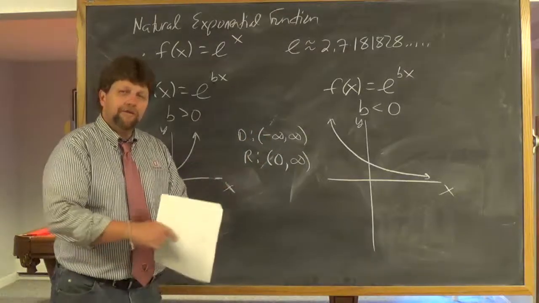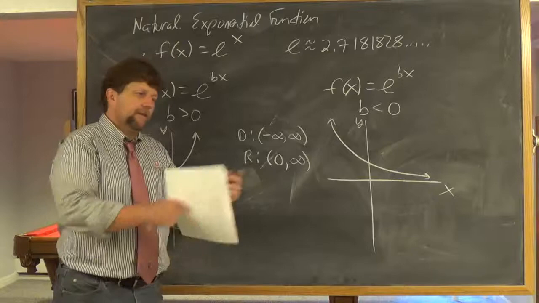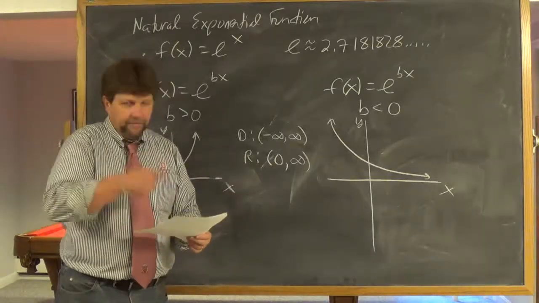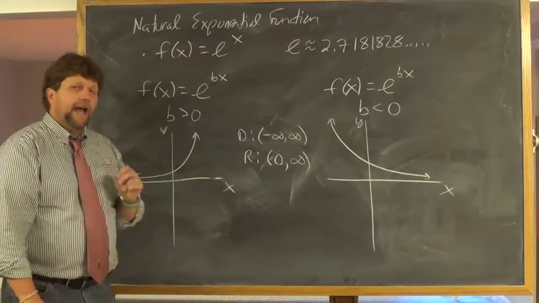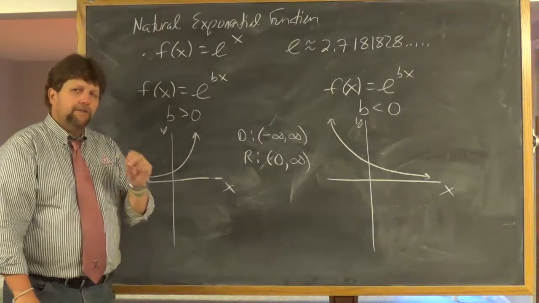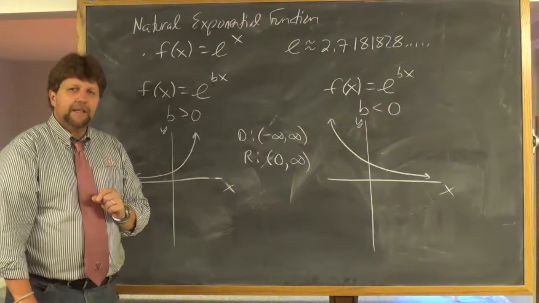That's a property about functions and their inverse functions that we saw in the prior chapter. That's the basics on the natural exponential function. Natural exponential function, the base is e.